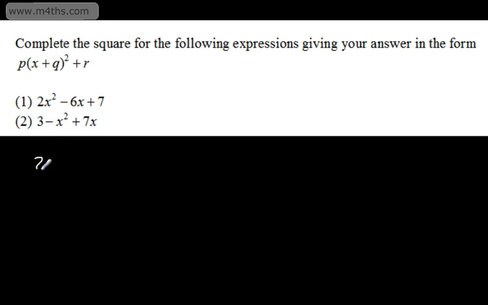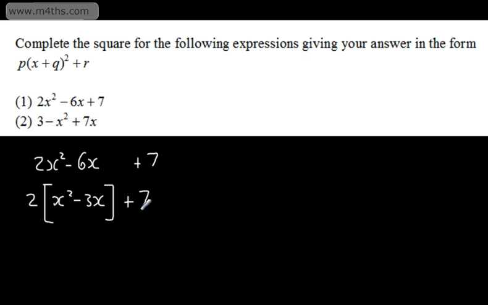So what I'm going to do is just write this now as 2x squared minus 6x, and then I'm just going to put plus 7 way out here. I'm going to take now the 2 out of this part right here and set up square brackets. So that leaves me now x squared minus 3x. I'm then going to close the square brackets, and the 7 is going to be left on the outside.